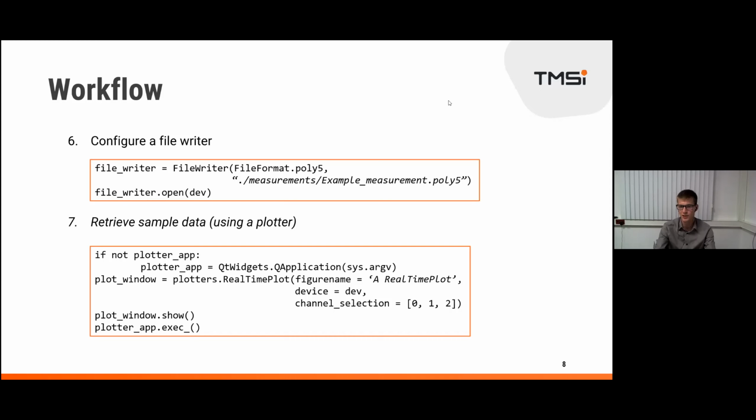In that, you can specify a name, you need to specify the device handle again, and can insert a channel selection that contains the channels which are displayed from the start of your measurement. After that, you show the plotter window and you start the event loop, and the event loop keeps running until your measurement is stopped, and you stop the measurement by closing the plotter.